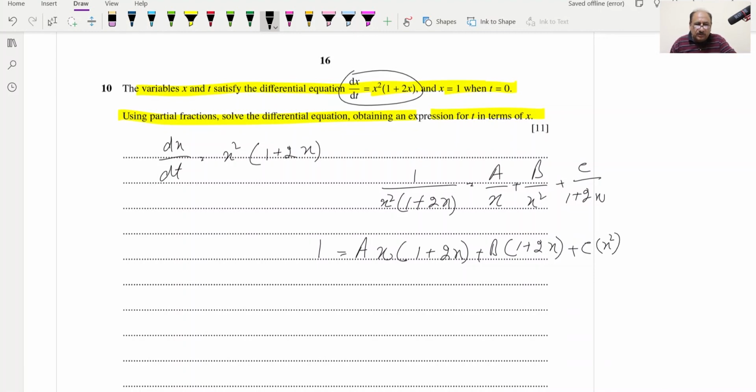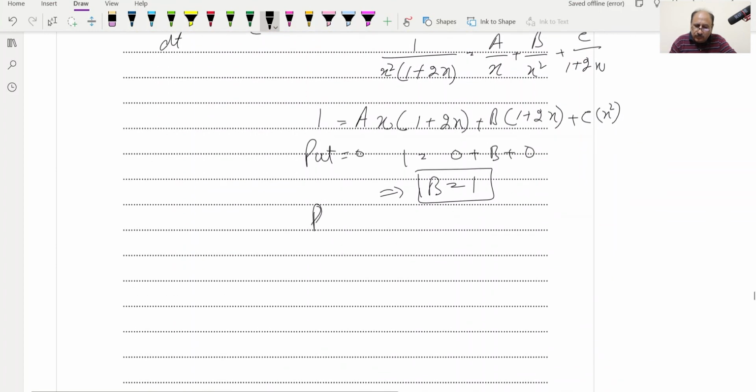Now put x is equal to 0. When we put x is equal to 0, the term a will be 0 and c will be 0, so we'll get the value of b: 1 is equal to 0 plus b plus 0. This implies b is equal to 1. Now we put x is equal to minus 1 by 2.